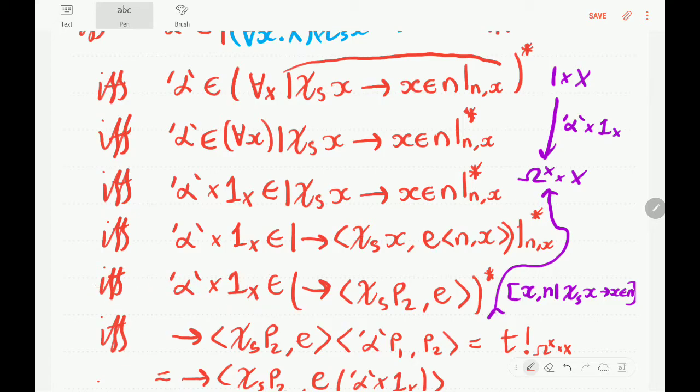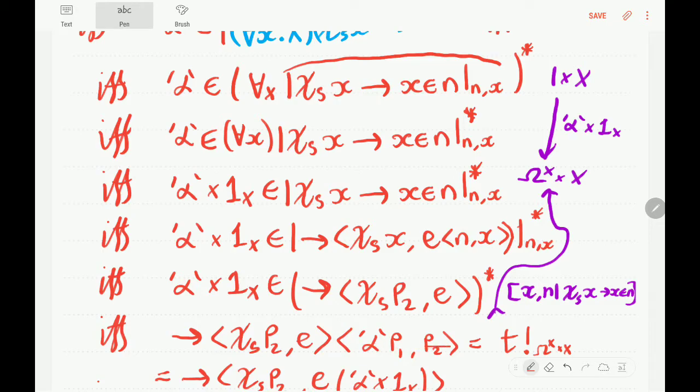So we have that this stuff holds if and only if implies chi S of p2 comma e after name of alpha p1, p2 sends everything to true.